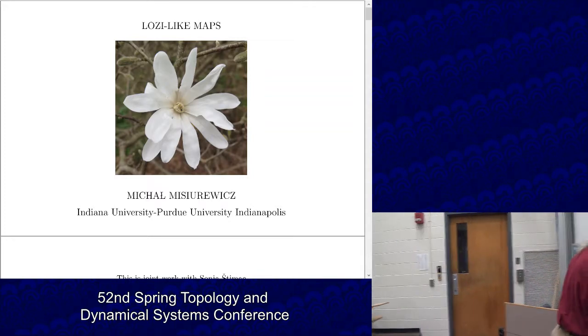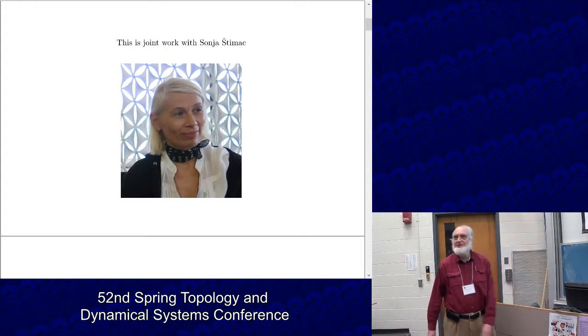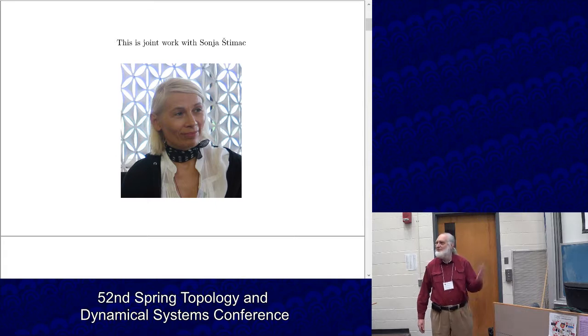So now, this is my co-author, Sonia Stimac, whom many of you know very well. A year ago at this conference, she was giving a short talk about lossy-like maps, but rather technical.